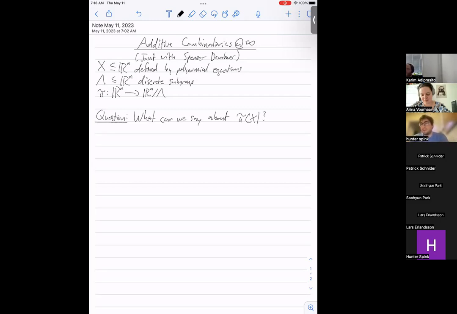So X is a nice set. Discrete subgroups are reasonable. You consider the quotient. Now somehow this nice algebraic set is interacting with a lattice. And a lot of scary things can happen when an algebraic set interacts with a lattice, because now you're getting into Diophantine questions that might determine what points are in this projection.